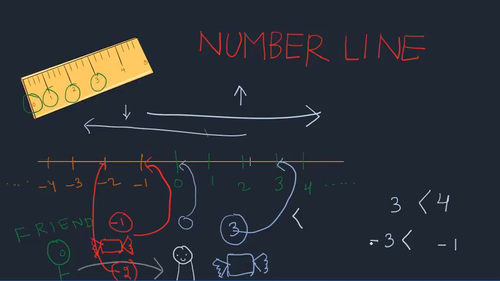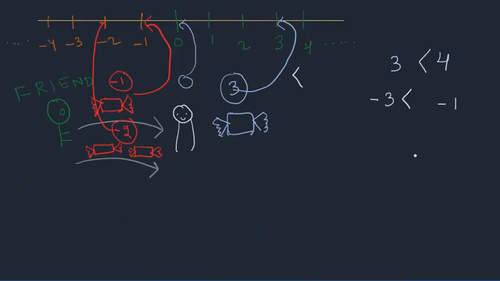But without the number line, if you just observe the numbers, you might feel that 3 is greater than 1. Then how come -3 is less than -1? So you have to remember that when it is negative, it becomes the opposite. Again, to understand this in a better way, let's go to the friend and chocolate example.